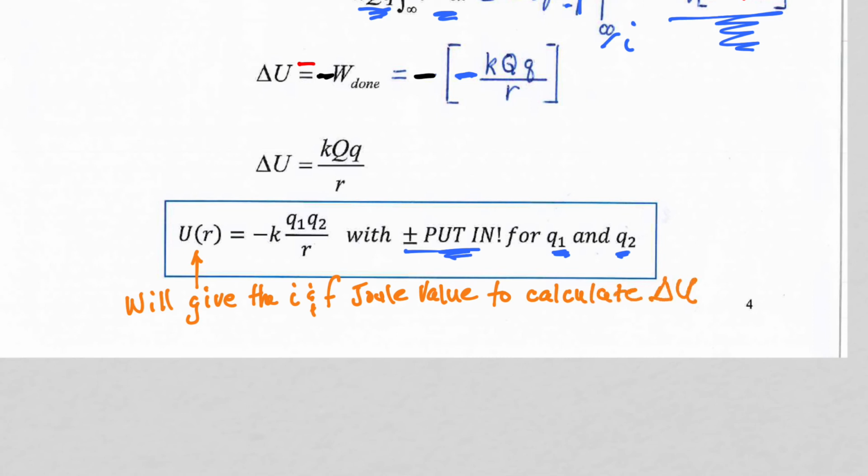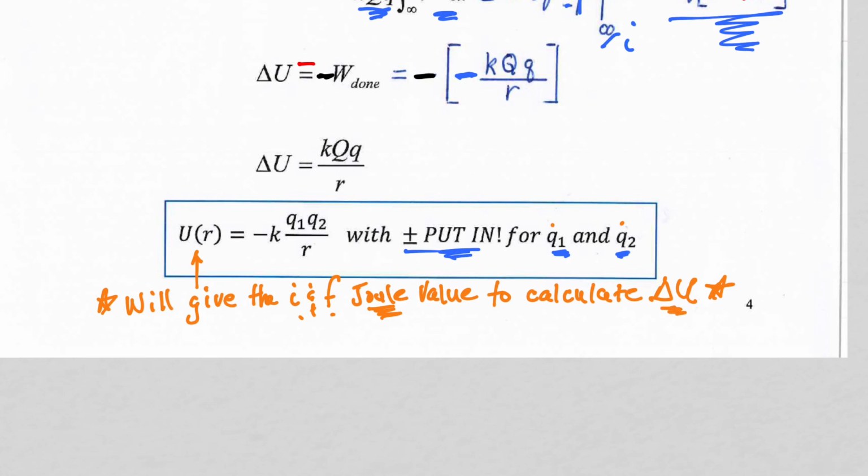So get that into your notes so that you know that's how you will be applying this equation. Whether they're positive or negative won't matter. You just calculate them as joule values. Could be positive, could be negative, depending on the Q's that you're plugging in. You'll get an initial and a final.